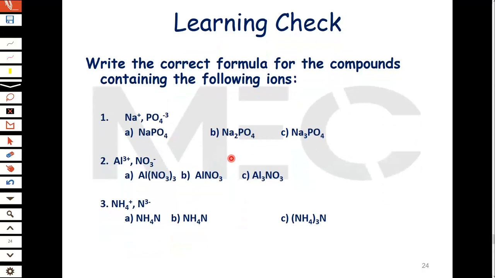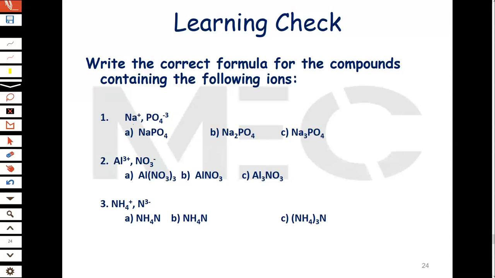Okay, let's do some practice here. Write the correct formula for the compounds containing the following ions, and then name the compound also. We have sodium ion here and we have phosphate.